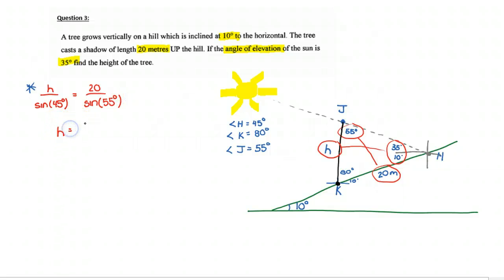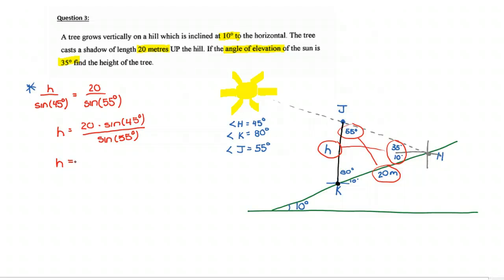So H is equal to 20 times sine of 45 degrees over sine of 55 degrees. For those of you that have watched my other videos, I probably sound a bit like a broken record now, but remember, sine of 45 and sine of 55 are just numbers in disguise. You can treat them just like if it was H over 6 equals 20 over 9. I write sine of 45 just like a number, and that means I can keep my calculator off to the side until the very last step.